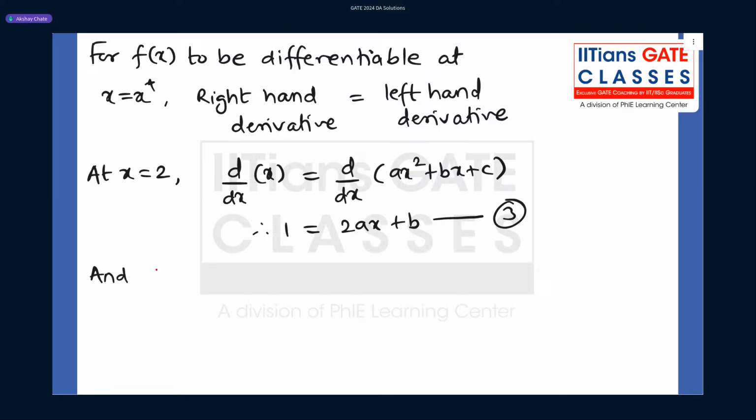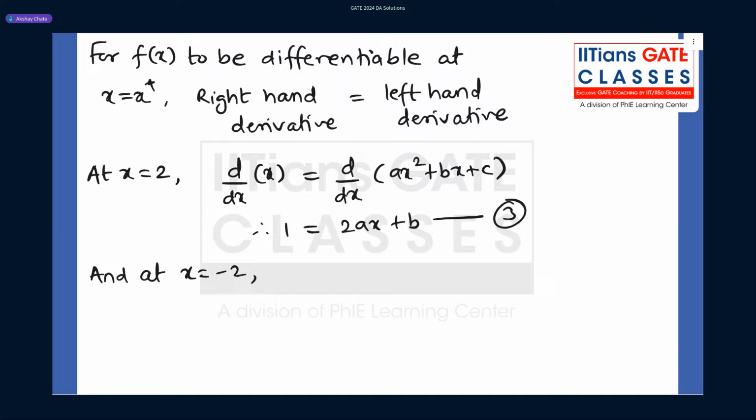And at x equal to minus 2, you apply the same logic. Here your function will be minus x, right? Actually here this will change because left and right derivative definition changes here.